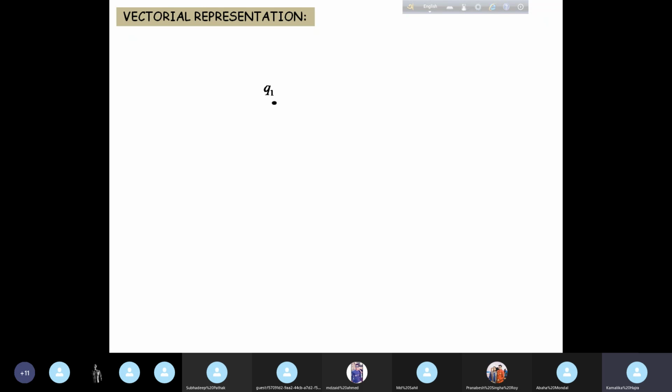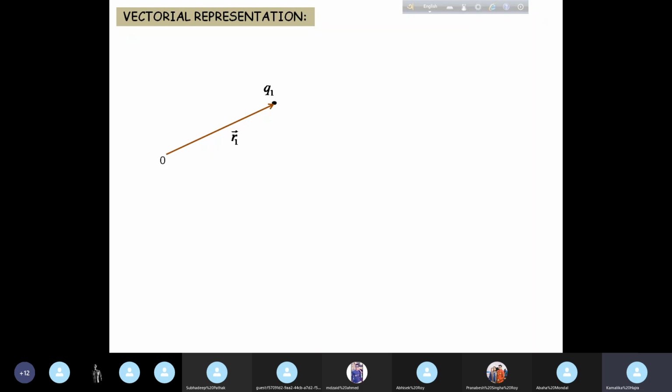How do we get the vectorial representation? Suppose this is my charge q1, and its position vector with respect to some origin O is r1 vector. q1 is placed in space somewhere. So how do you know its position vector?